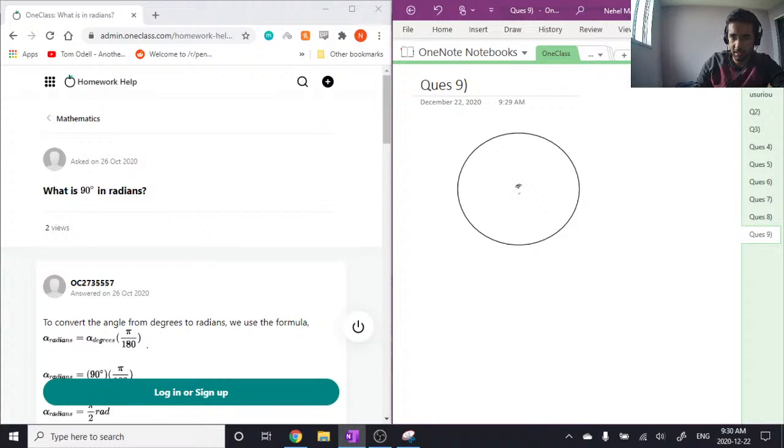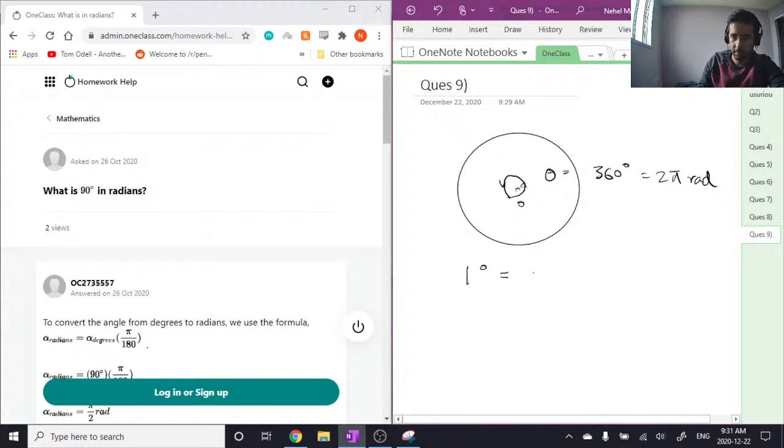If I have a circle with a center O, I know if I were to go around the circle, then my angle of revolution would be 360 degrees, because that's the angle inside the circle. This is actually equal to 2 pi radians.